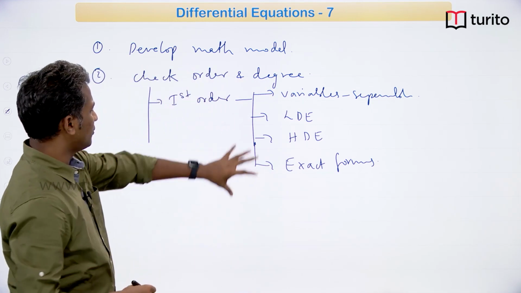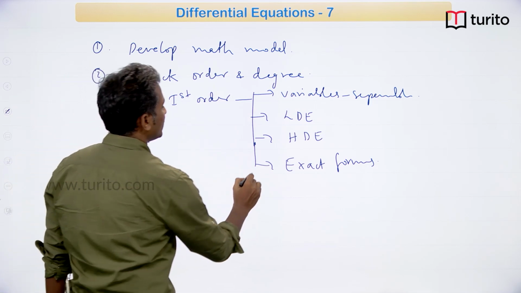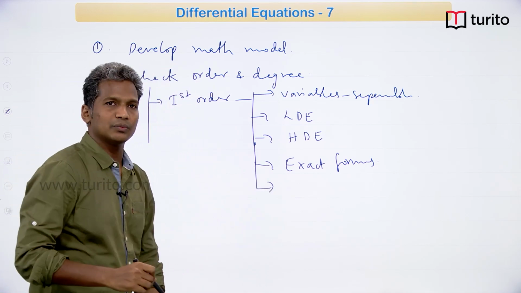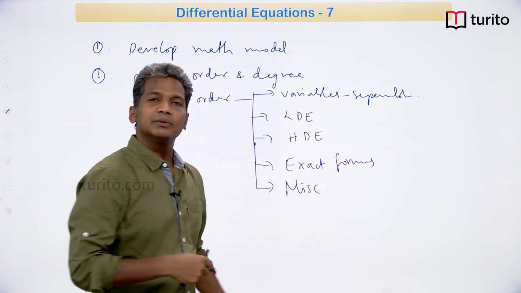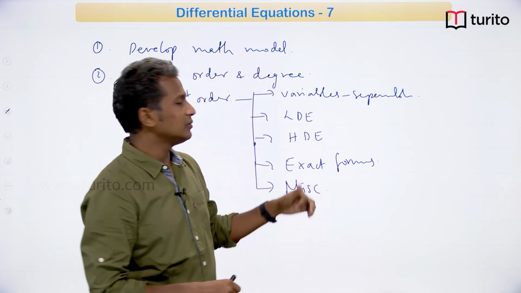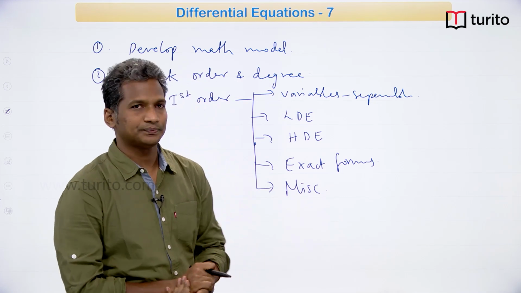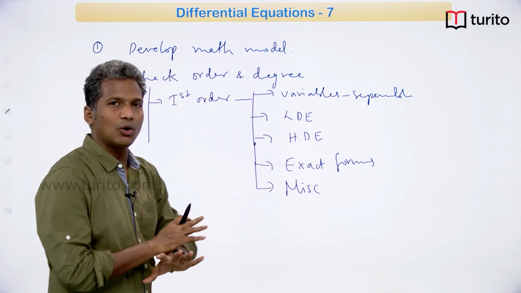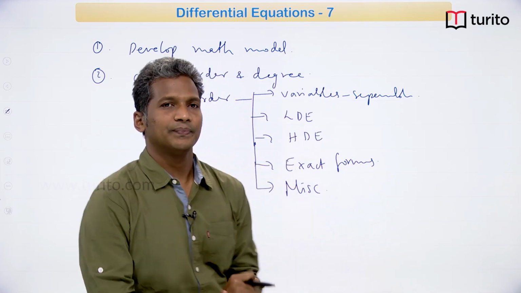If these do not work, then you go for the miscellaneous forms. What are the miscellaneous forms? Convertible to linear, like Bernoulli's equation, or convertible to homogeneous. These ideas you will try to check. This way we will handle all first order differential equations of this standard.